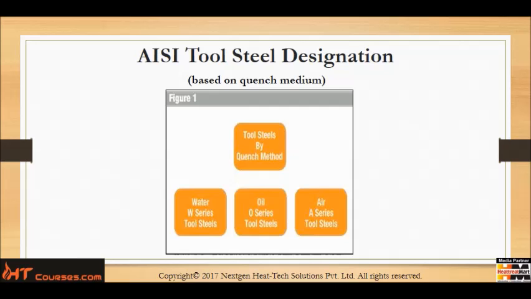Then we have the unusual kind of material on the right hand side, which is the air quench steels. It's simply the A series designation for tool steels. These are fairly highly alloyed tool steels.